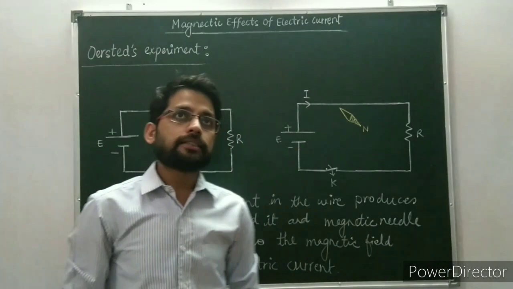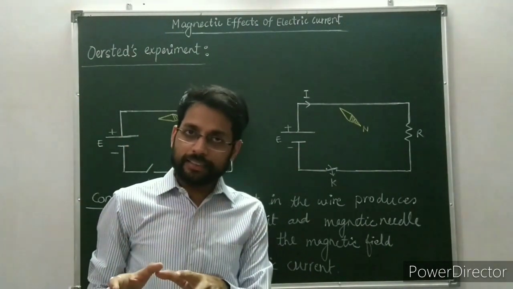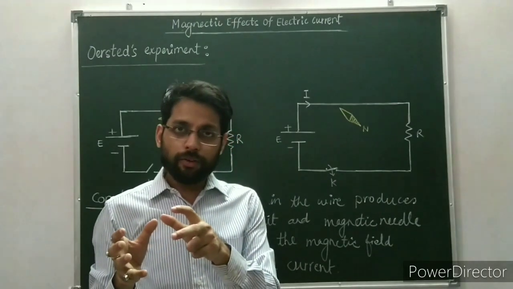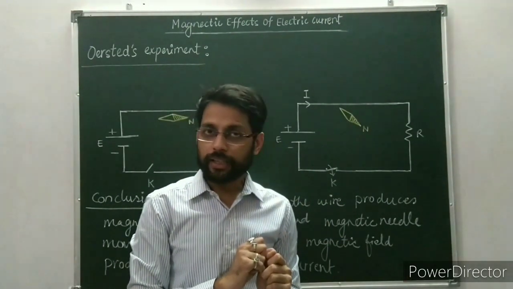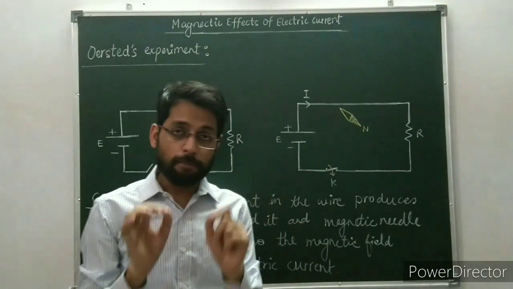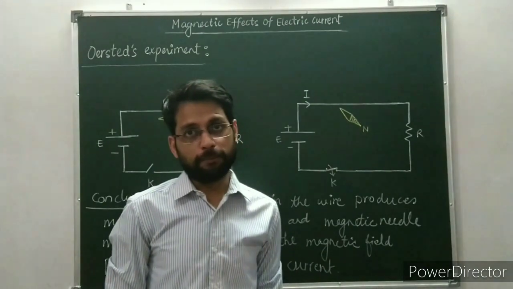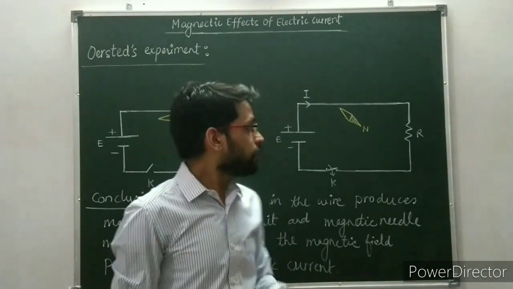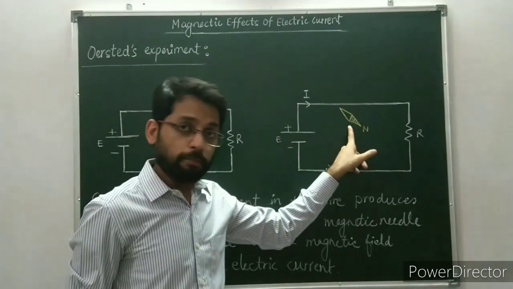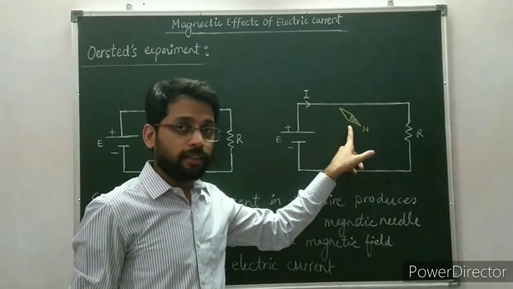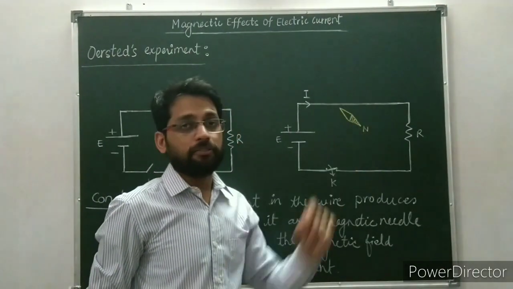Since we know that a magnet only responds to a magnetic field, and here the magnetic needle is responding, it means there is a magnetic field. And who is producing the magnetic field? The current in a wire.